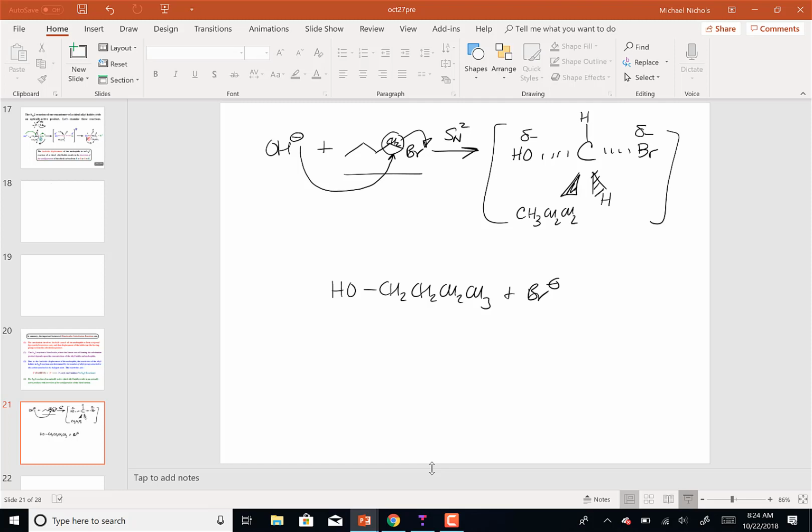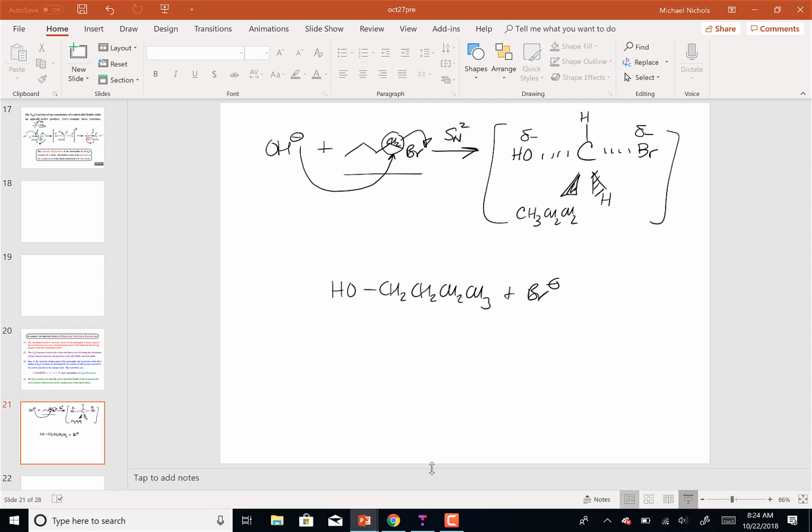The bromine starts out with zero formal charge, becoming -1. And so its charge in the transition state is the average, which is delta minus. And you can think about what's happening: the charge is being transferred from the OH to the Br.